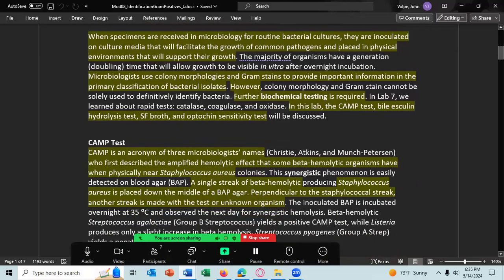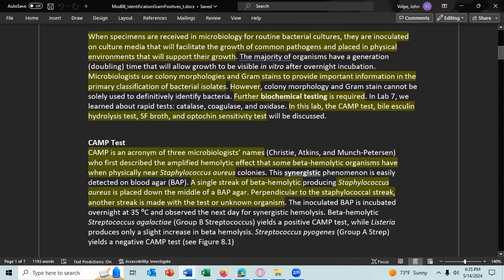When specimens are received in a microbiology lab for routine bacterial culture, they're inoculated on a culture media that will facilitate the growth of common bacterial pathogens, placed in a physical environment to support their growth. Microbiologists can use colony morphologies and the gram stain to provide important information about the primary classification of the bacteria that they isolate.